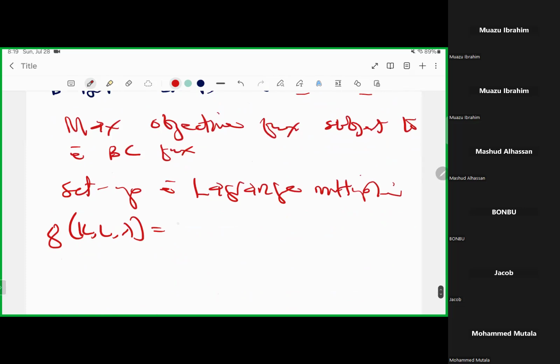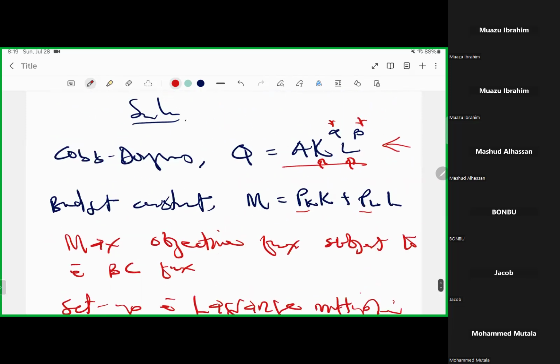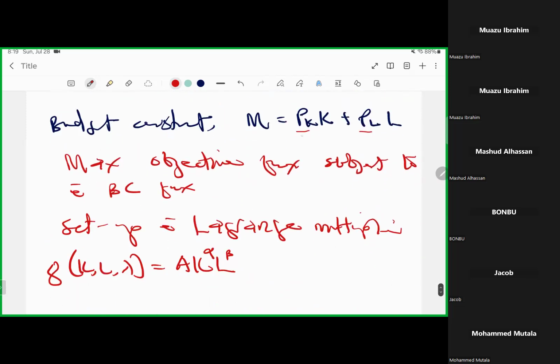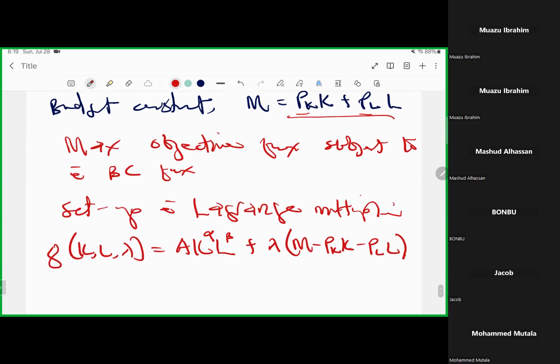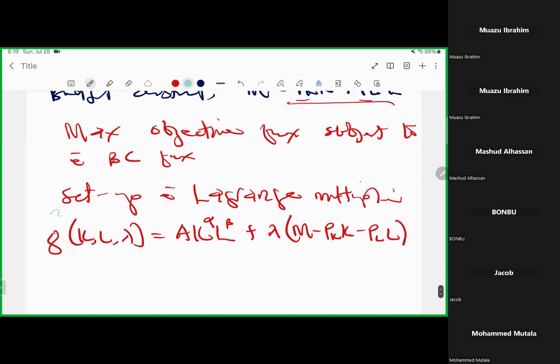Our objective function is A K^alpha L^beta, which is here, subject to the budget constraint. So plus lambda, this one, M minus what? Minus P_K K minus P_L L. That is it. So this is step one.